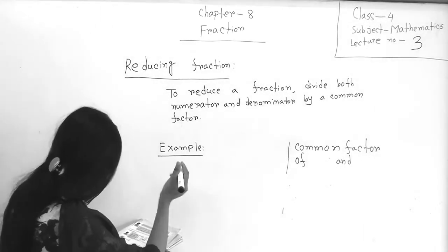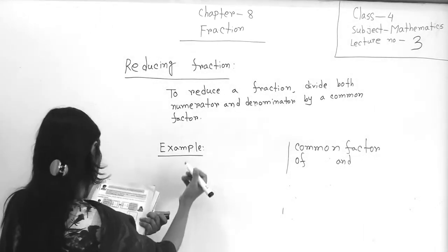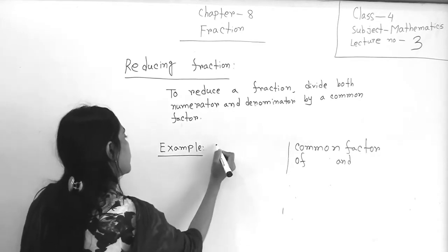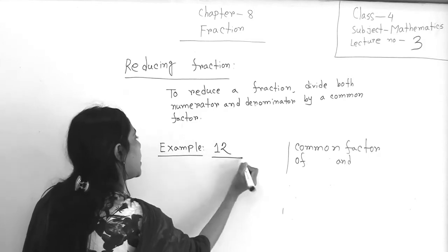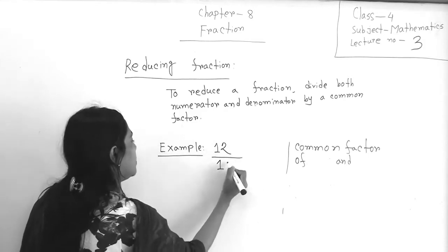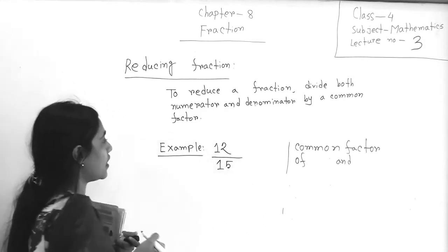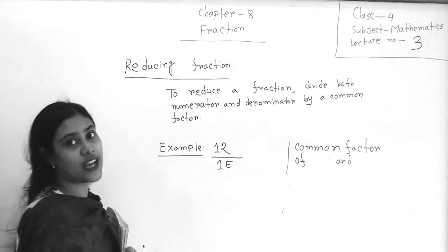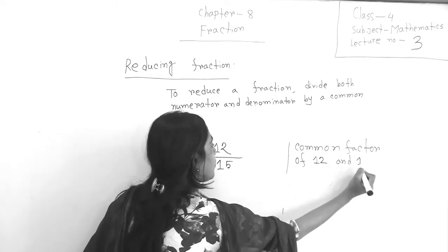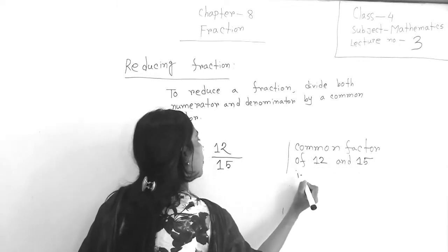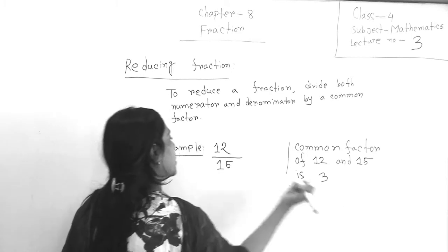And this is example 12 divided by 15. In here, common factor of 12 and 15 is also 3.